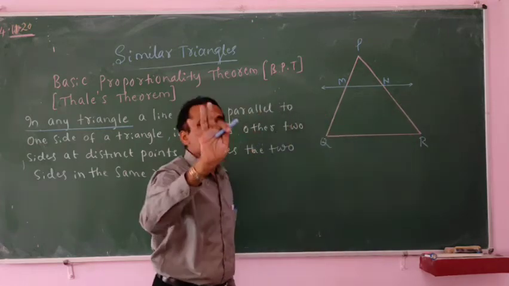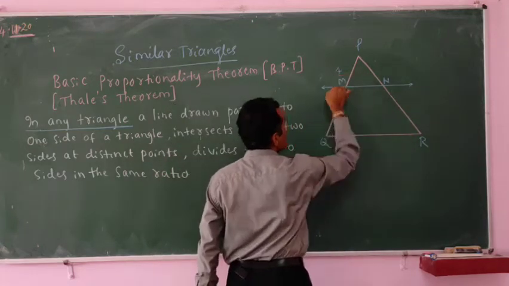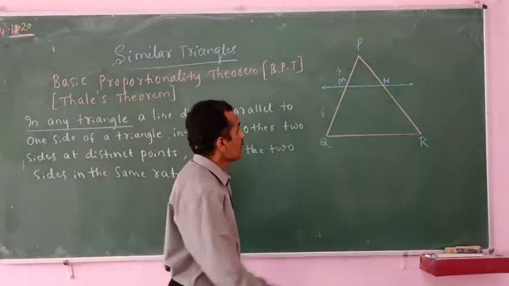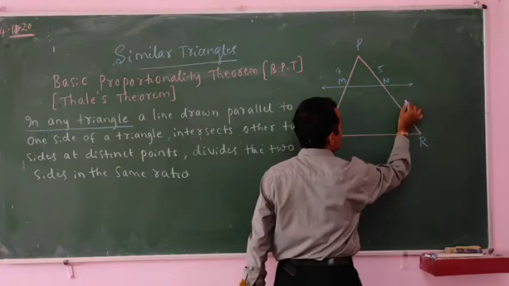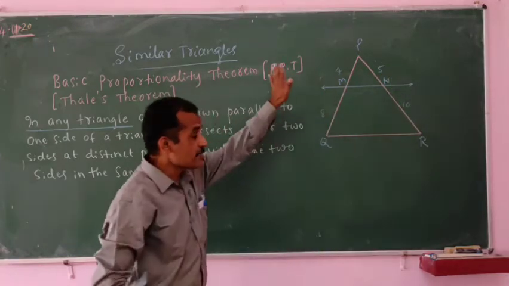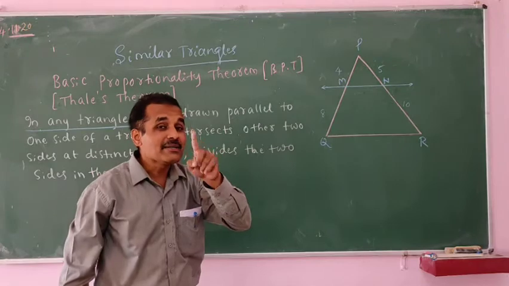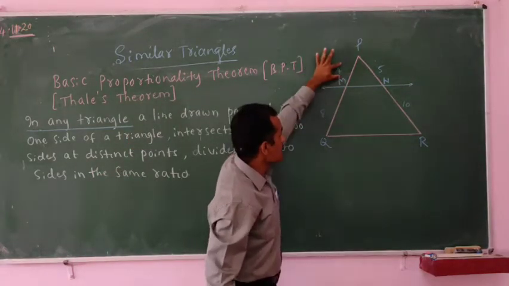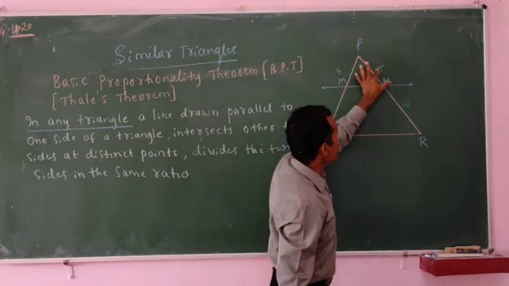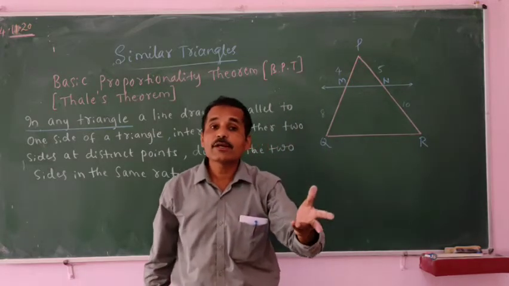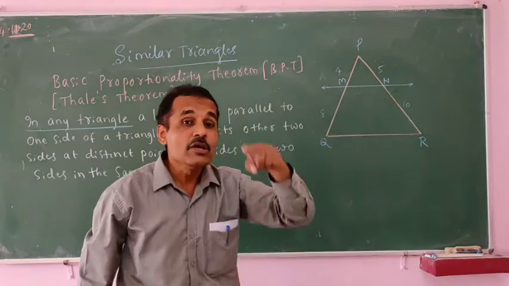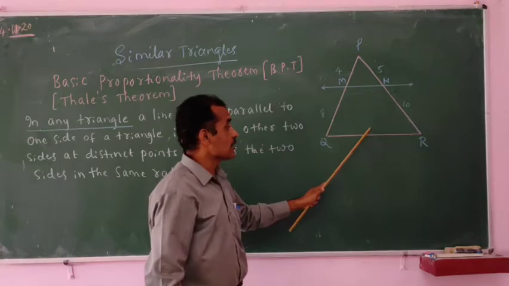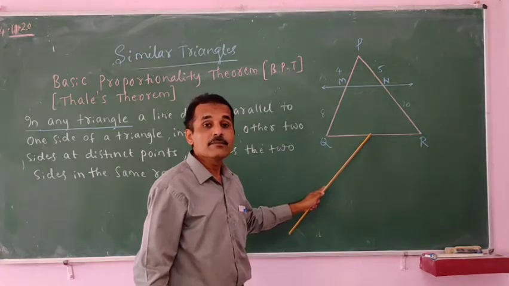Say for example, this is 4 centimeter and this is 8 centimeter. This is 5 centimeter, this is 10 centimeter. See, nothing is equal, but they are proportional. How? 4 divided by 8, the answer is 1 by 2. 5 divided by 10, the answer is 1 by 2. That is called proportional. This is possible only when a line is drawn parallel to one side of the triangle.